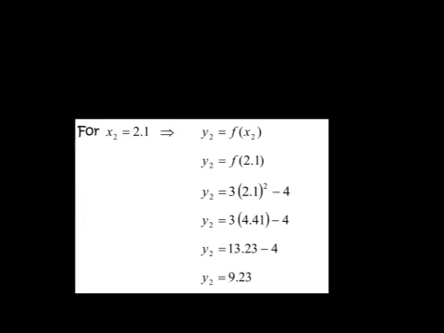I'm going to write the function up here again, not to forget what we're doing, 3x squared minus 4. But now we're going to do the calculations for the second value of x, x2, which is 2 plus 0.1, because the differential of x equals 0.1. So x2 equals 2.1.